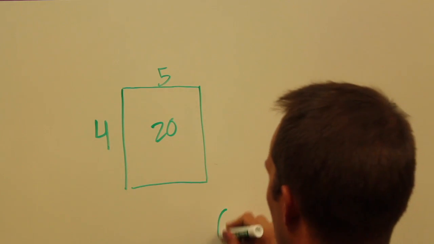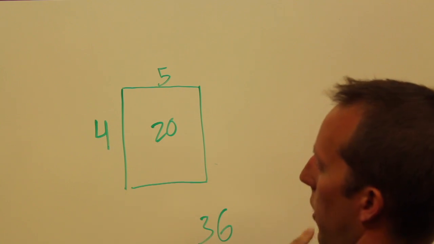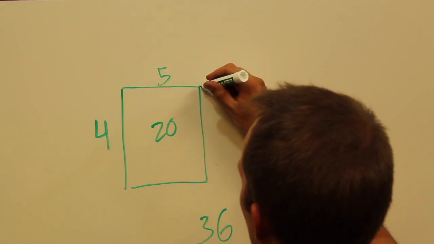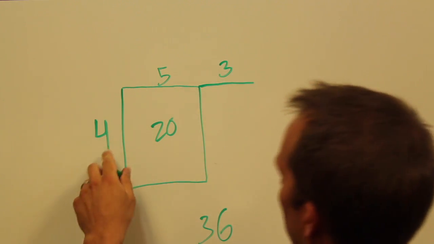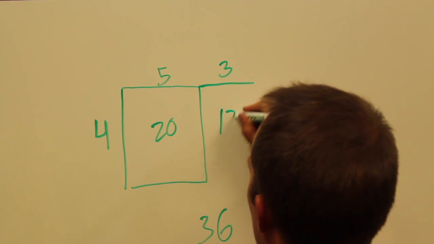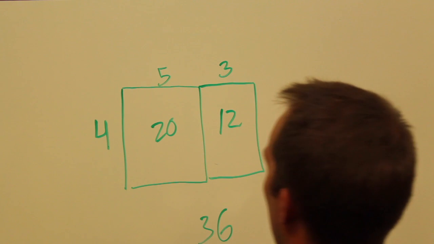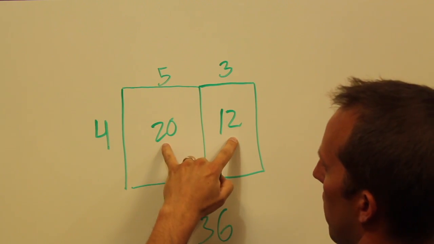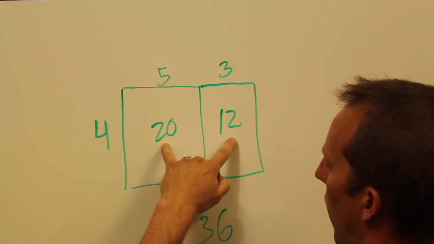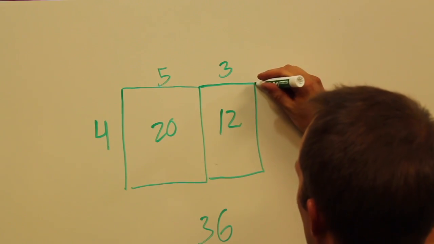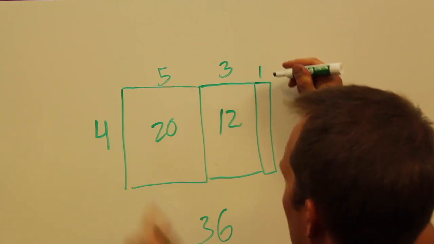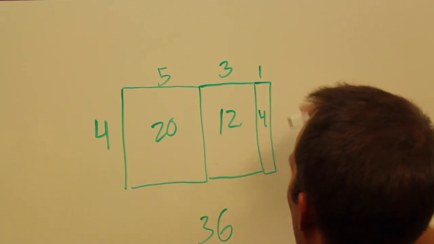Now remember you're trying to get to 36, so I'm not quite there yet. So let's do another 3. I know that 3 times 4 is 12. Okay. So now I'm at 20 plus 12, that's 32. So I'm really close to 36, and in fact I know that I just need to add one more. So I just go one more over, and 4 times 1 is 4.